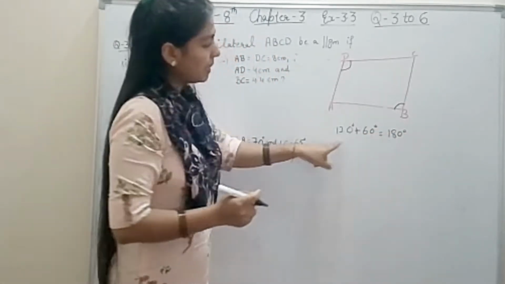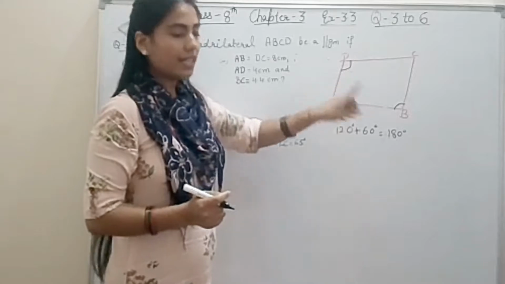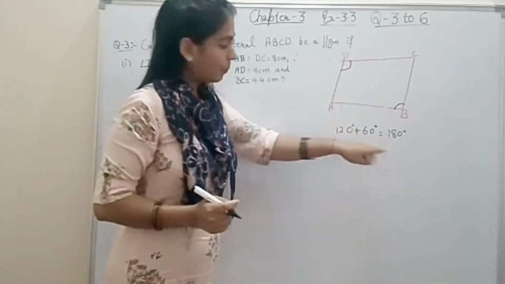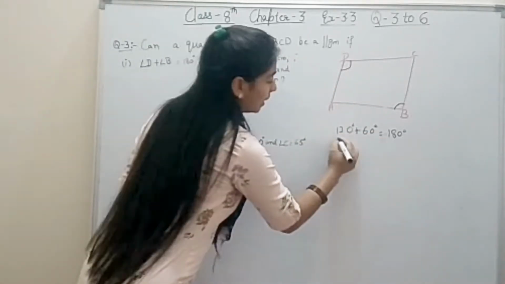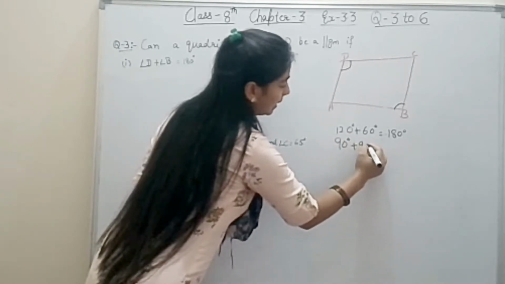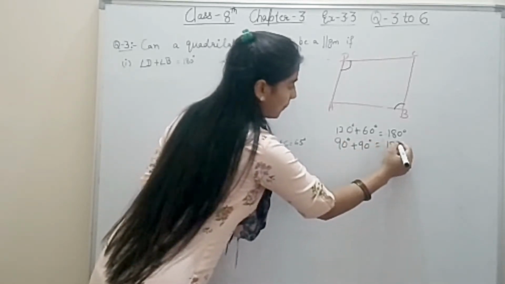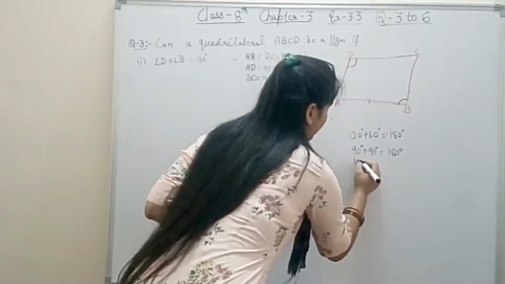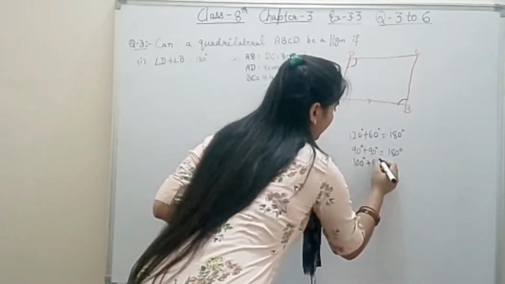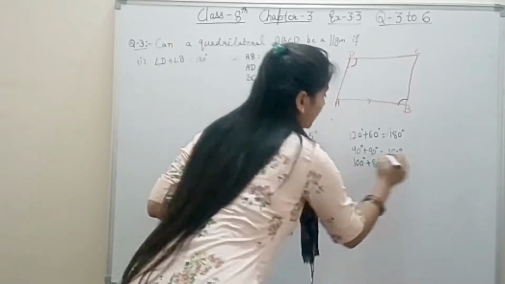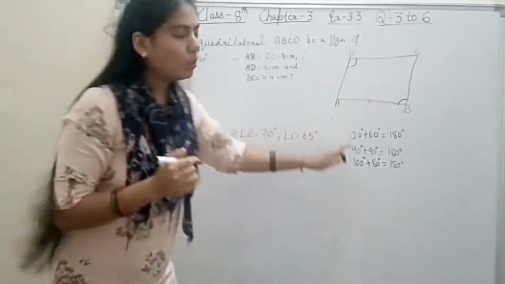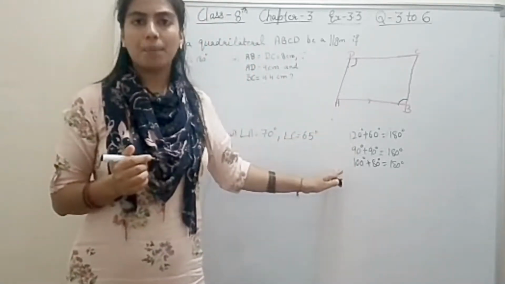It means if angle B is 120, angle D is 60, then sum is 180 degree. But इस condition, now one more condition, if 90 degree, तब भी हम 180 कर सकते हैं. Or one is 100 degree and one is 80 degree, the sum is 180 degree. It means many more also we can do, but I have here few examples only.